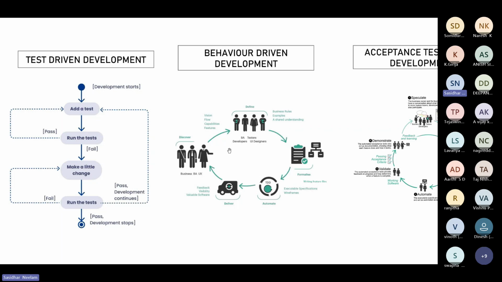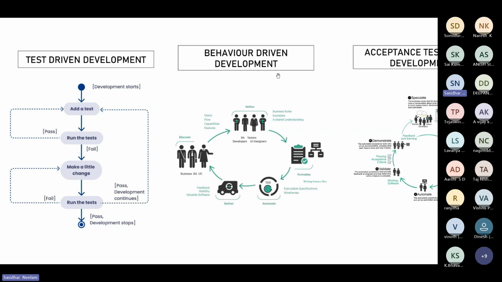Okay, so in behavior-driven development, you already have the product backlogs. Who will prepare the product backlogs here? The business analyst, a product owner. Sorry, we will have the product backlogs from the product owner.